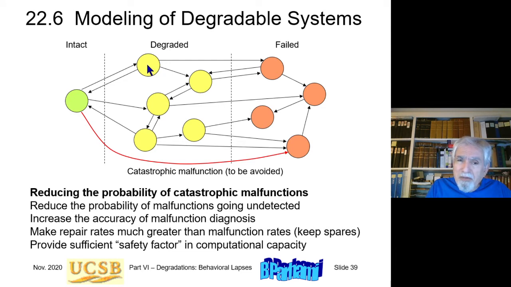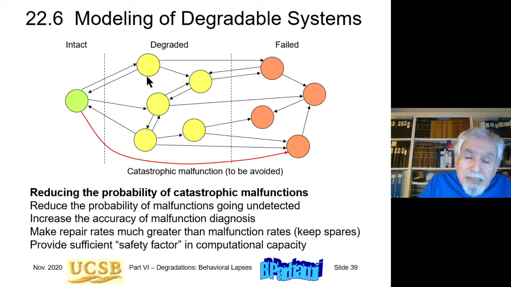Then eventually, if we either don't detect the degradation or the next malfunction happens too quickly before we have had a chance to carry out these repairs, then we go into the failed state, and hopefully this is very unlikely. The more of these buffer states you have, the better off you are, the more likely to avoid transition into these failed states.